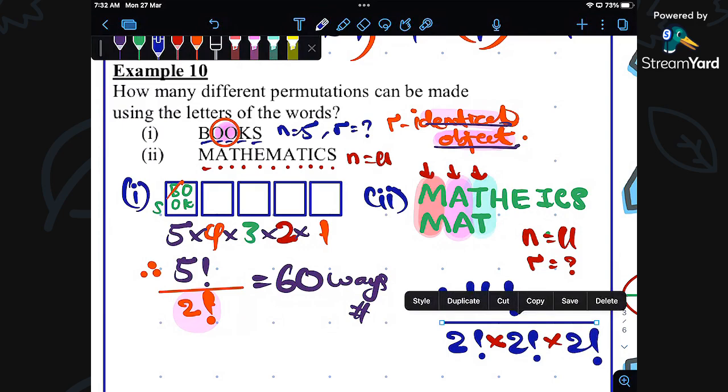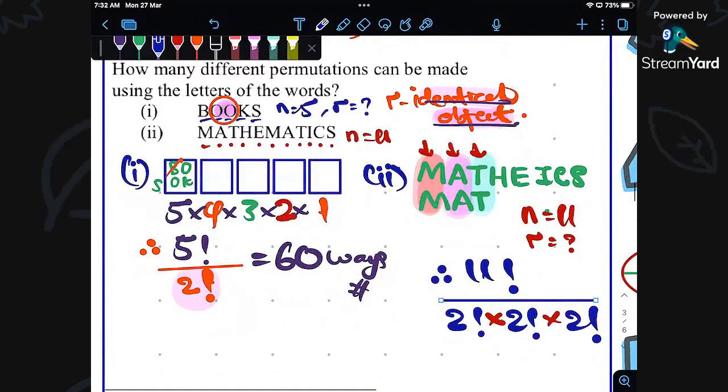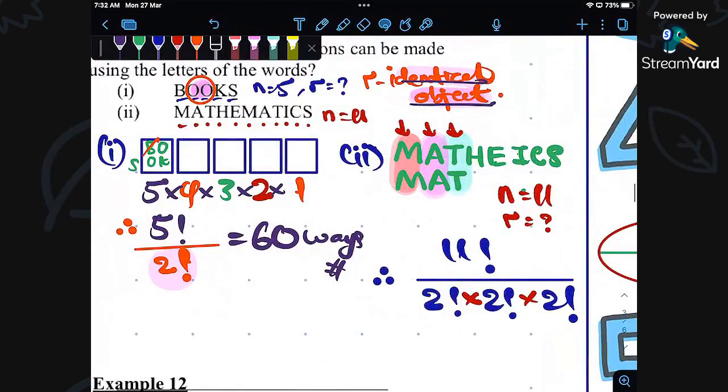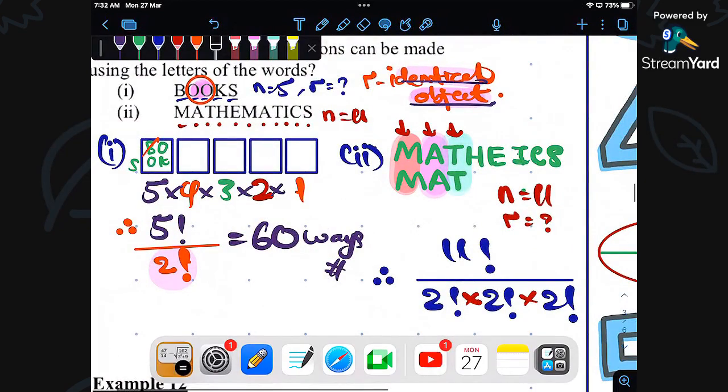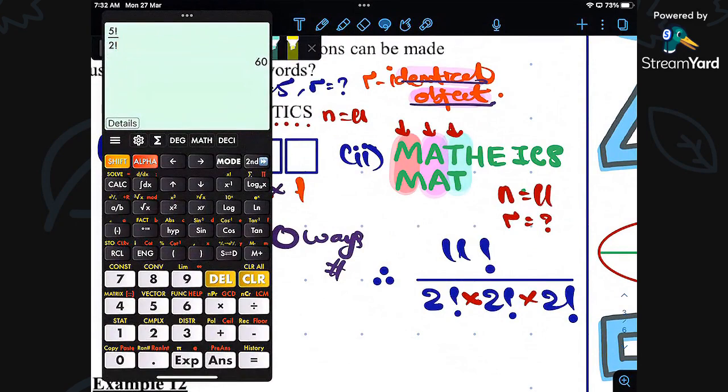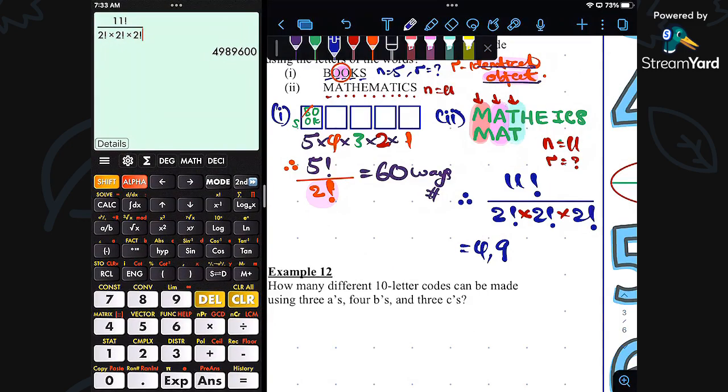Use the calculator: 11 factorial divided by 2 factorial times 2 factorial times 2 factorial. The answer is 4,989,600 ways. Wow, this is 4 million ways.